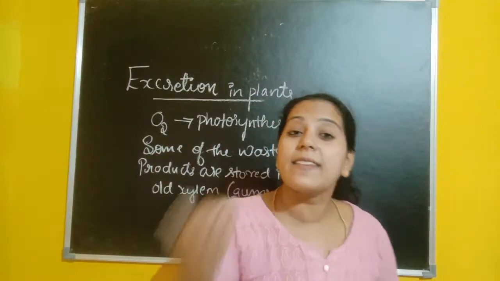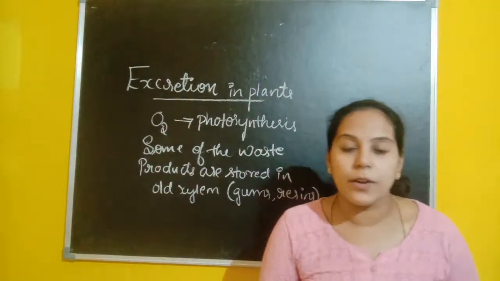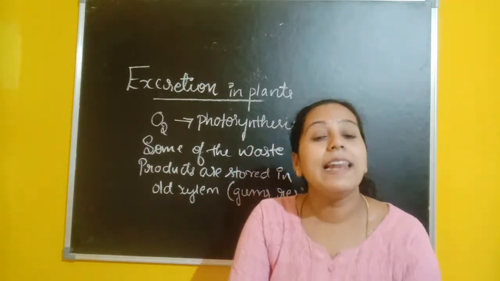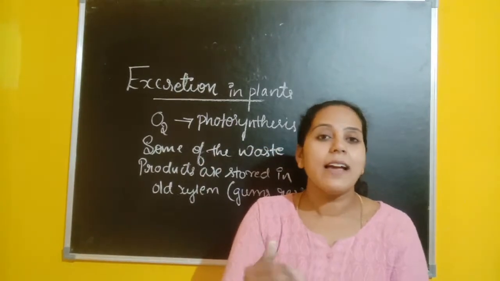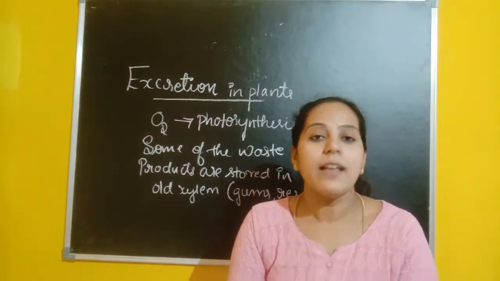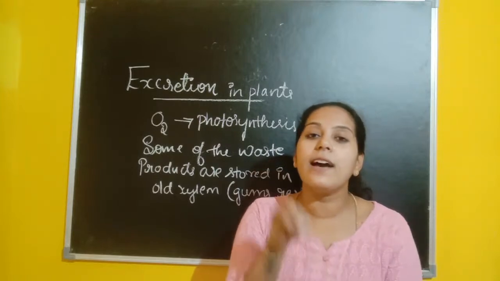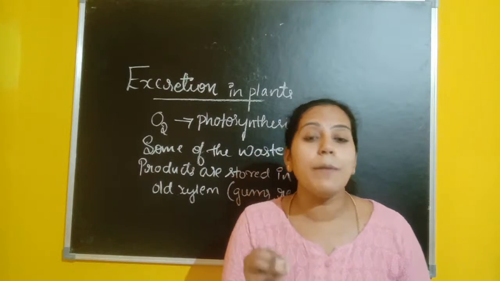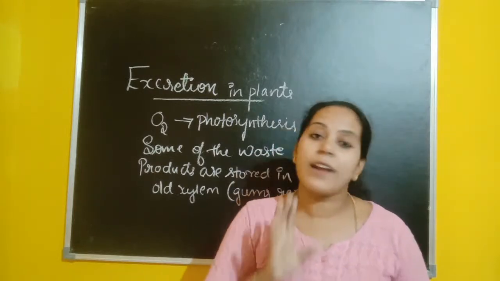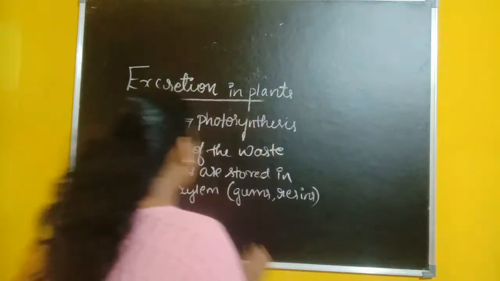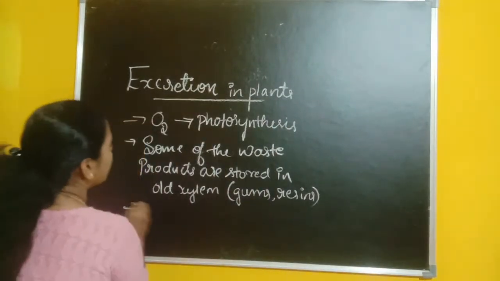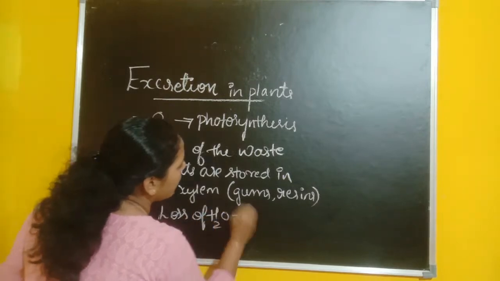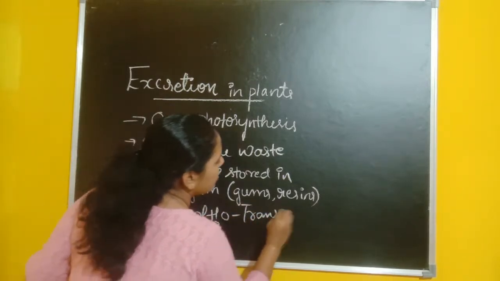Later they are excreted out. And some of the waste products are also stored in the leaf of the plant body. Later they fall off. And water is also lost during the process of transpiration. So loss of water also takes place during transpiration.